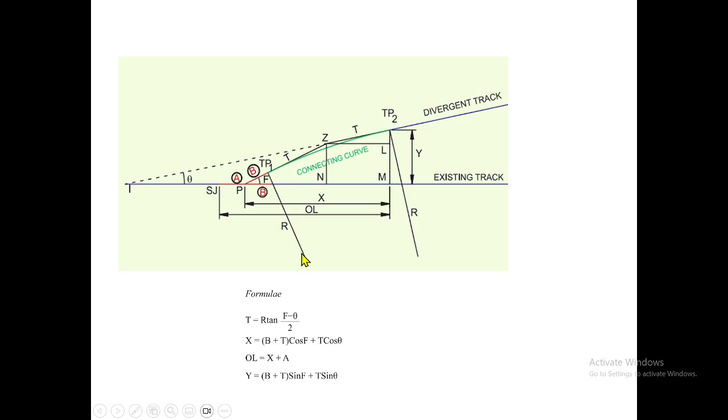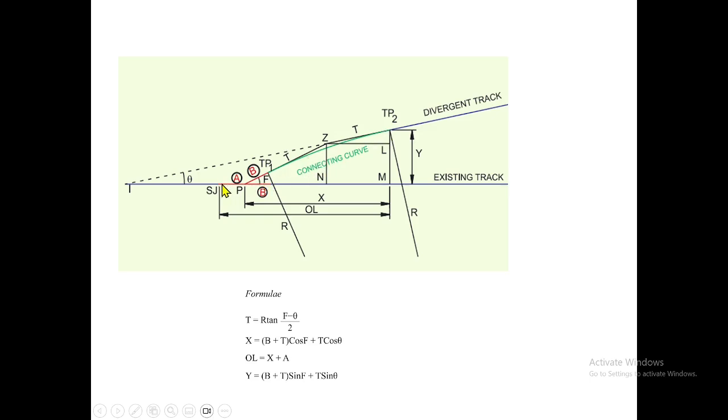R we can fix as the same radius of turnout, or as per the manual provision, the minimum radius based on site condition. For BG it was 350 meter minimum radius, or 220 in case of space constraint, provided the condition of track is at par with the main line. There are instructions we can follow.